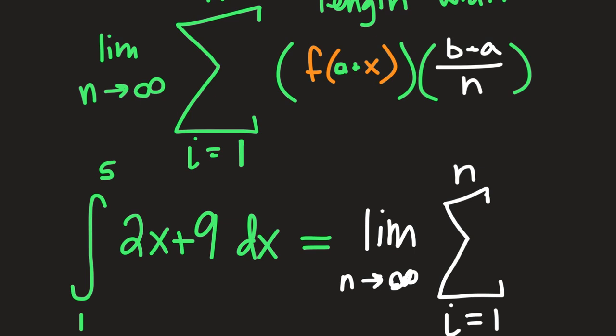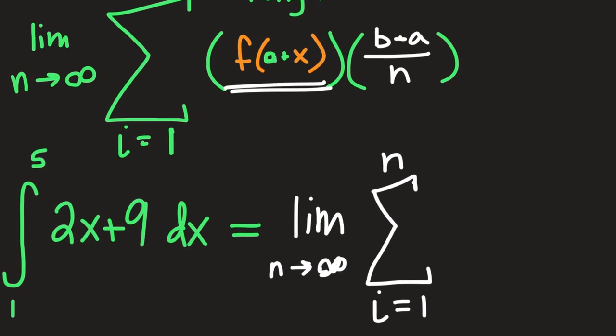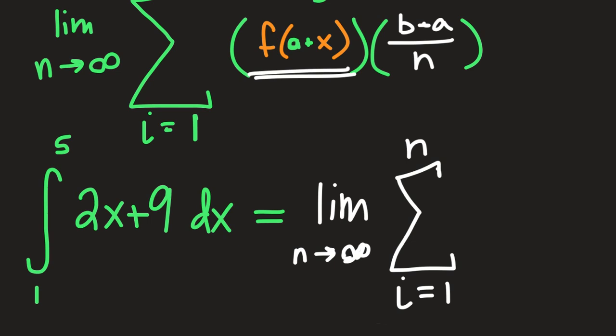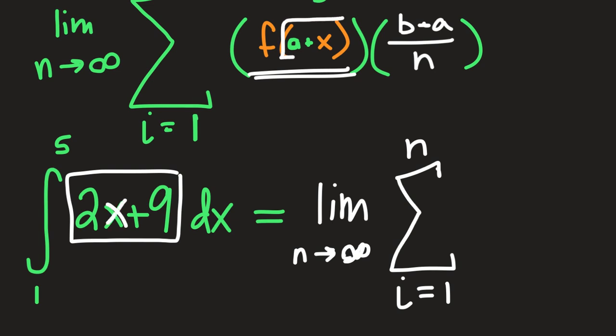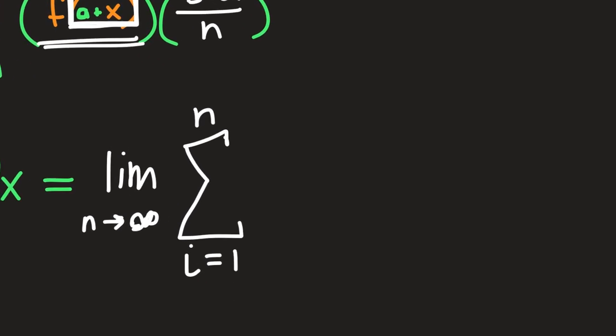This is always how we start. And now we use our formula to finish everything else off. Our function is 2x plus 9. There's one variable in here, and that's x. We're going to replace x with this fancy thing here, a plus delta x.